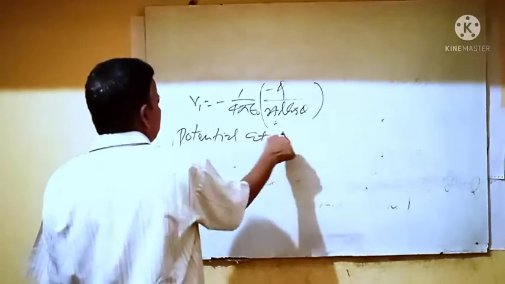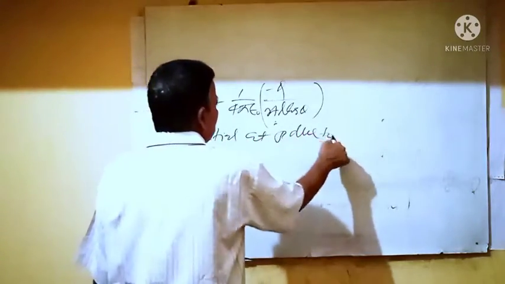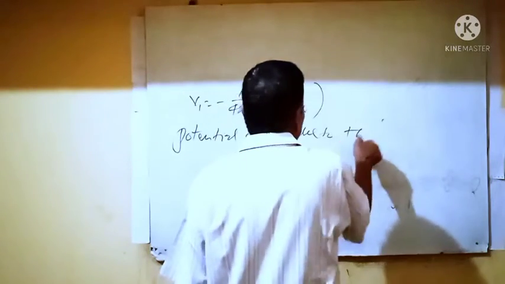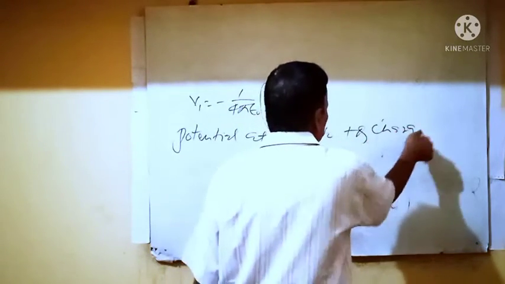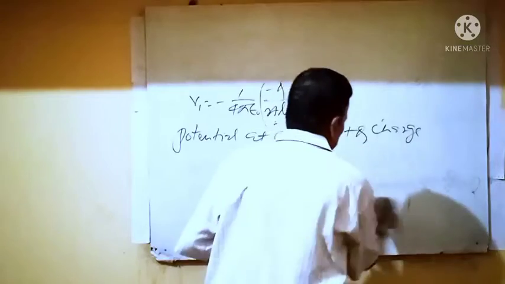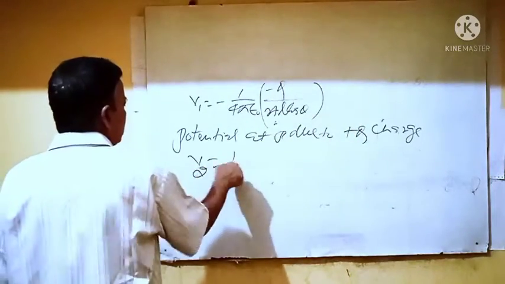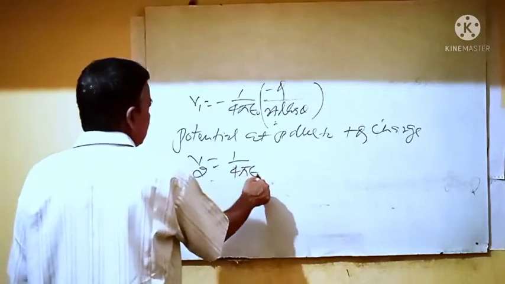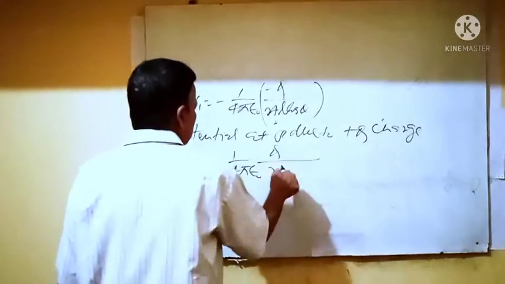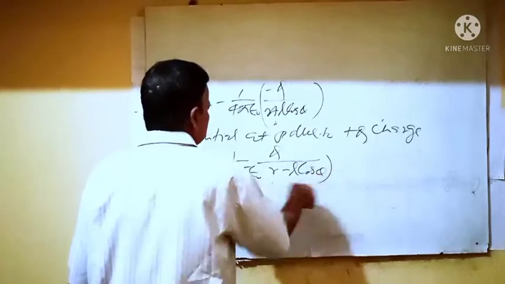Potential at P due to plus Q charge: V2 is equal to 1 by 4 pi epsilon naught Q by r minus L cos theta.